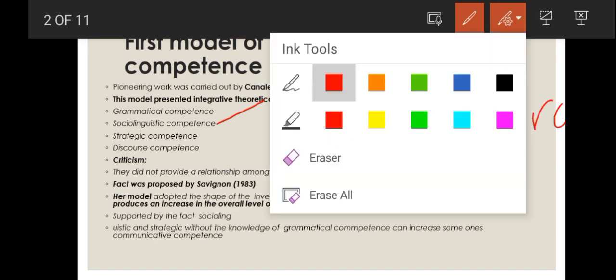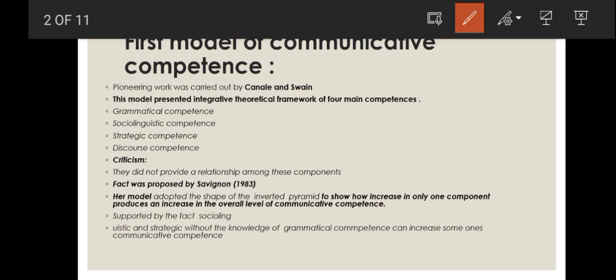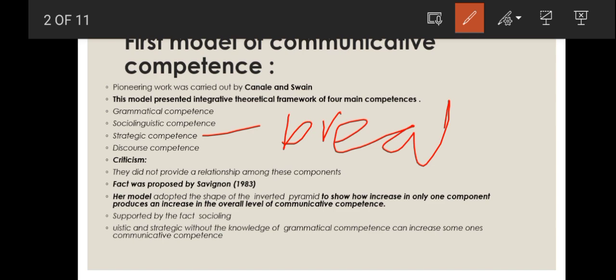Now the third one is strategic competence. Strategic competence involves the knowledge of how to use verbal and non-verbal communication strategies, that is, how you handle breakdowns in communication. It is a very important word.